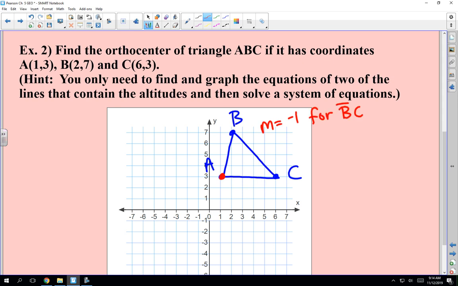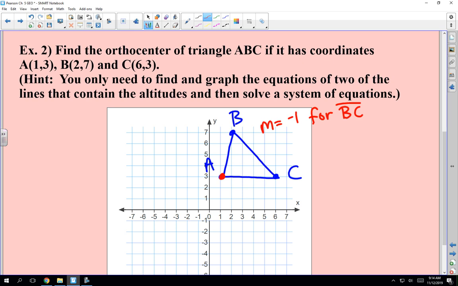And you might want to write this down so you know the process that I'm going through to get the equation of this line. This line is going to go from point A over to BC, but it's got to have the opposite reciprocal slope of negative 1. What's the opposite reciprocal slope of negative 1? That's 1.